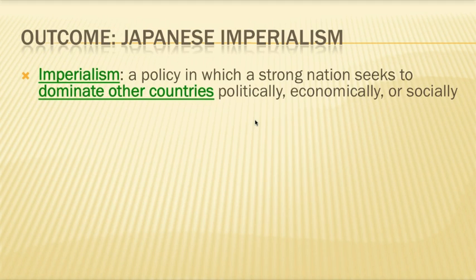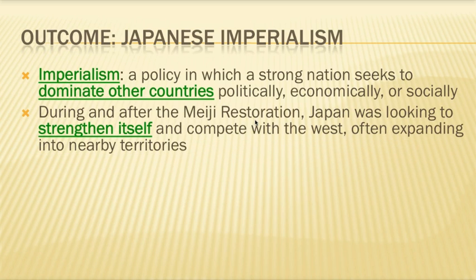I always like to say it's when one country takes over another country, and that's a very simplified version of the definition, but we've seen that time and time again in history. When one country moves into another territory and starts taking away resources, power, freedoms, things like that from other people, that's imperialism.